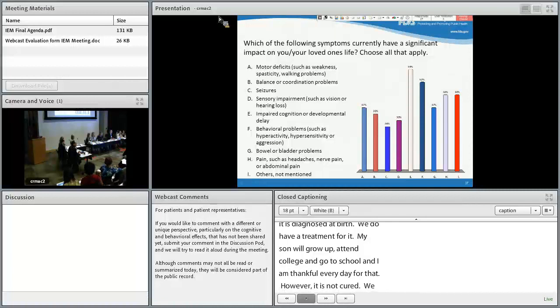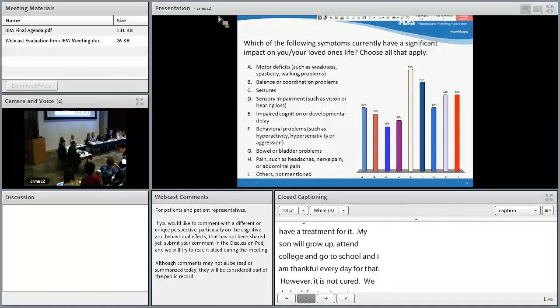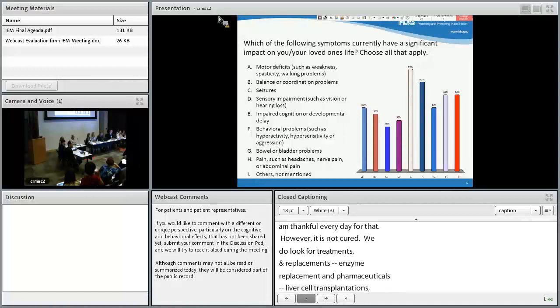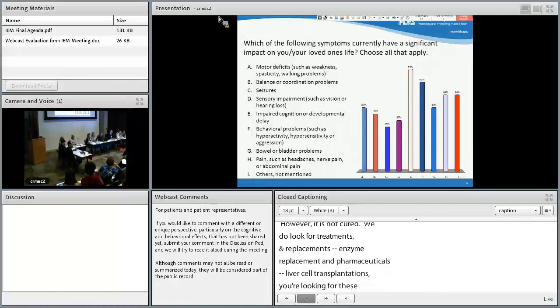We do look for treatments: enzyme replacement, pharmaceuticals, liver cell transplantations. We're looking for these innovative treatments and hopeful that there's a bright future for those.